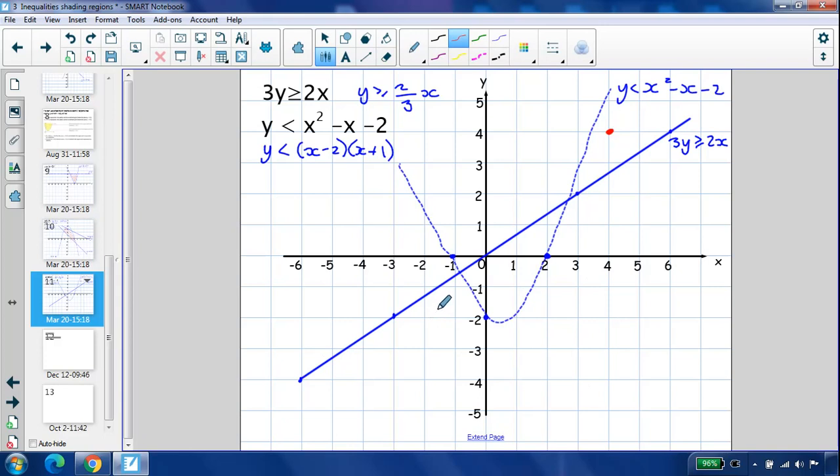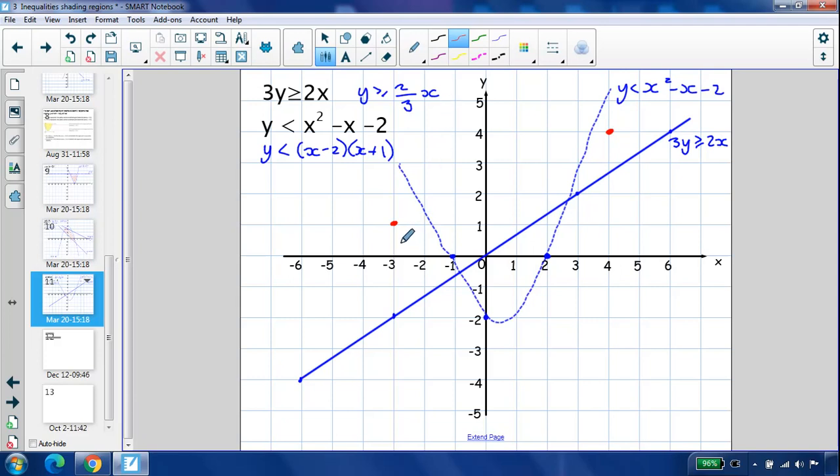So I'll try and pick another point. I will pick minus 3 and 1. So up here, I'm going to have x is equal to minus 3. So 2 multiplied by minus 3 is minus 6. Minus 6 divided by 3 is minus 2.